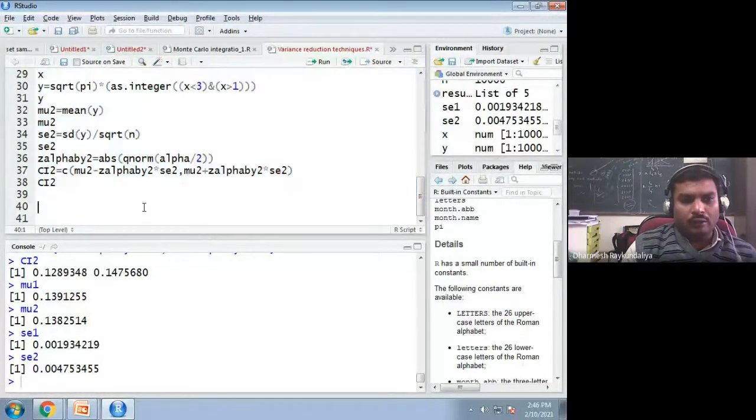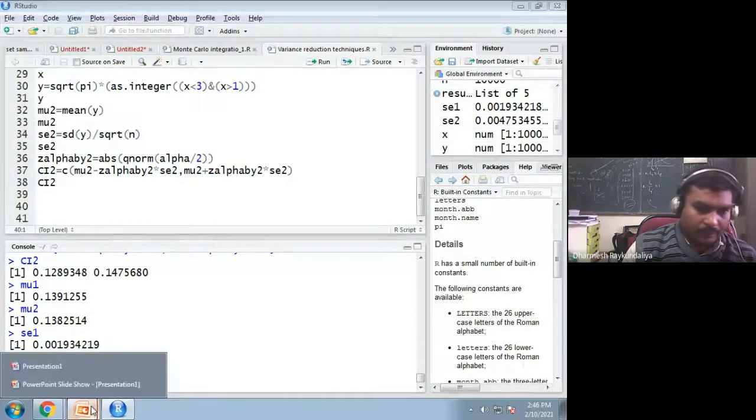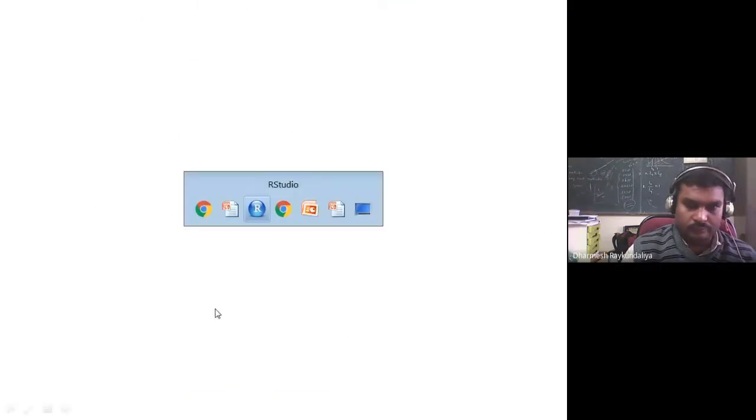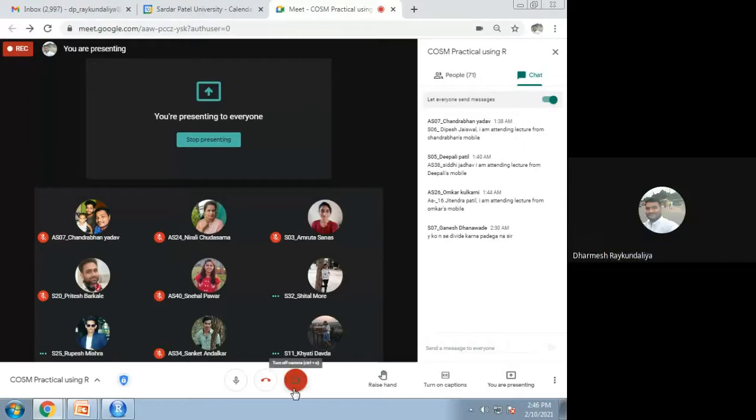But we will not actually discuss this. We wish to introduce the concept of a variance reduction technique. So now we will slowly and gradually go to the variance reduction technique.